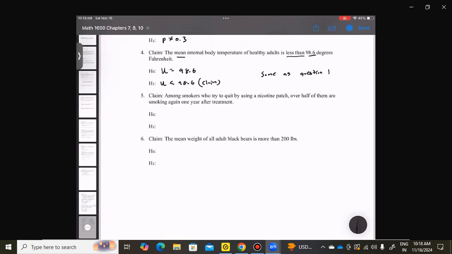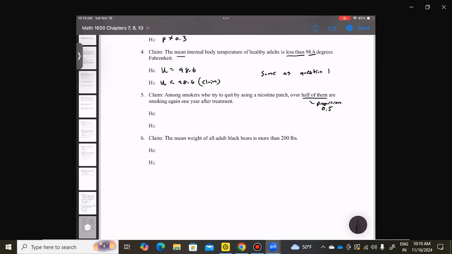Okay. Claim: among smokers who tried to quit by using a nicotine patch, over half of them are smoking again 1 year after treatment. Right, so half of them is telling me a proportion. So proportion is also telling me the value, 0.5. That's the percentage. Sometimes these questions don't include a value, but they do in the wording.